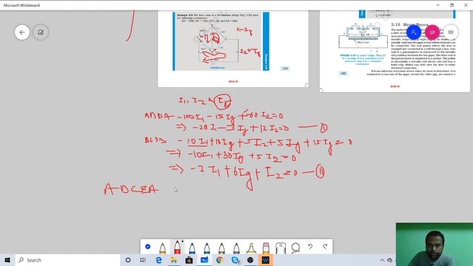So in this loop, what will be the equation? 60 I2 minus, obviously, because we are moving along the direction, here also we are moving along the direction, so I'll write minus 5 I2 minus 5 Iz, then I'll get a plus 10, because when the cell is there we generally start from the cell, and we are moving along with the direction of the cell, so I'll write plus 10 is equal to 0.